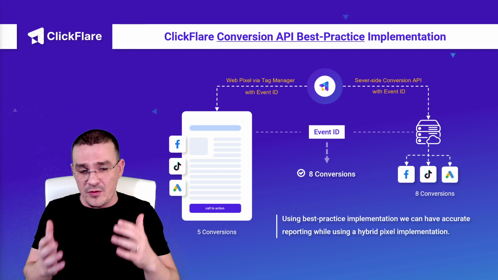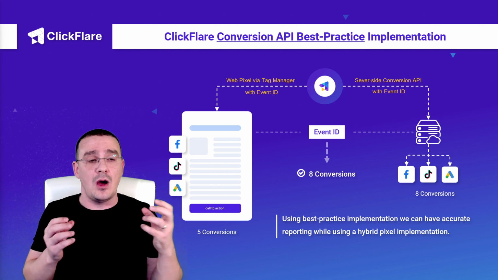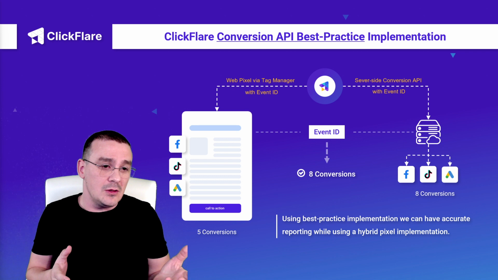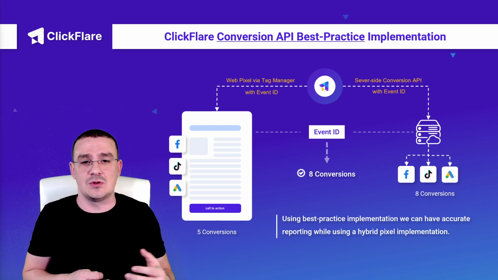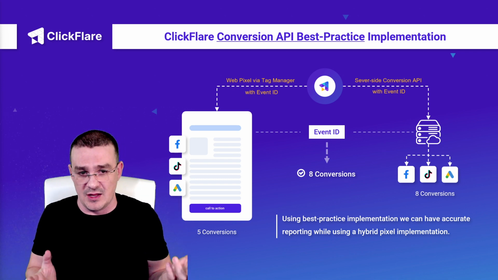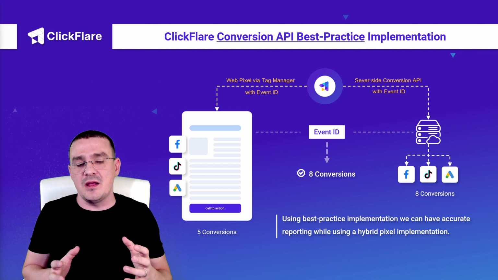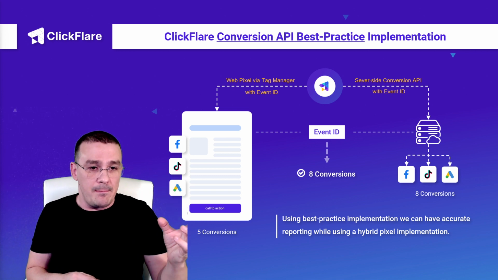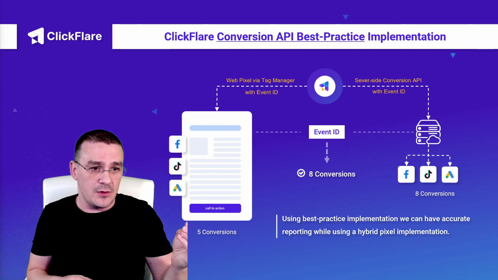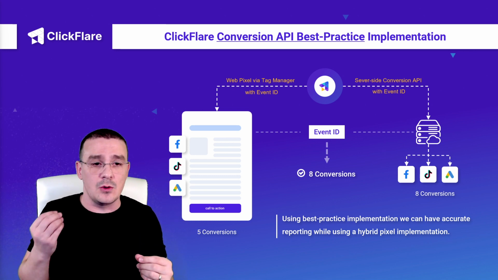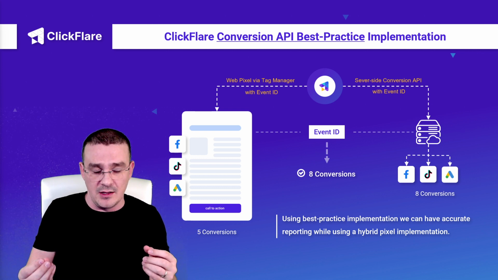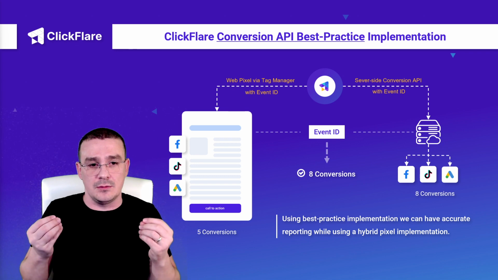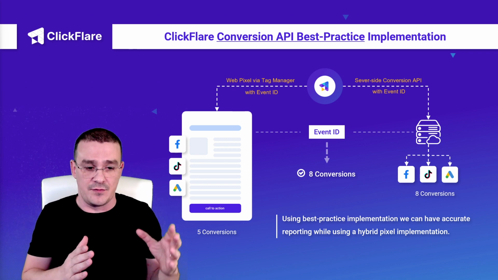But more than that, we're able to implement a hybrid implementation of the pixel, where according to the documentation of all traffic sources or all major social ad networks, you will need to implement the pixels in a hybrid implementation, where you have the web-based as the main pixel for your campaigns, and the tracker or server-side or conversion API as the second or fallback reporting platform that reports the conversions.